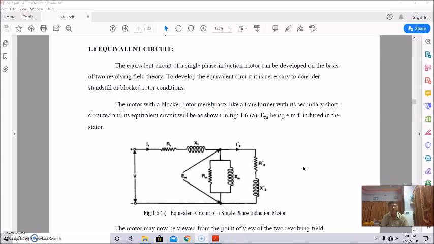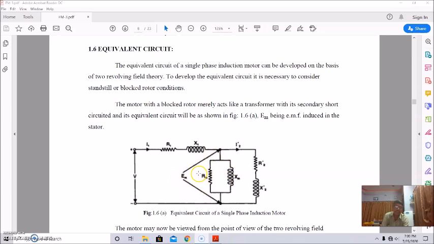The motor with a blocked rotor merely acts like a transformer with its secondary short circuited, and its equivalent circuit is shown here in this figure.